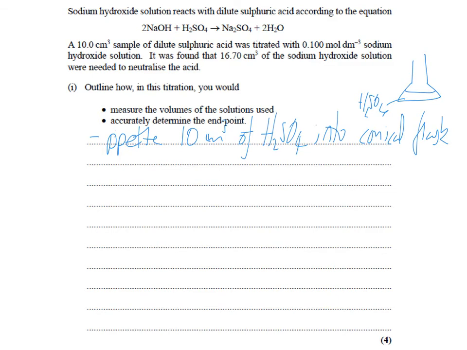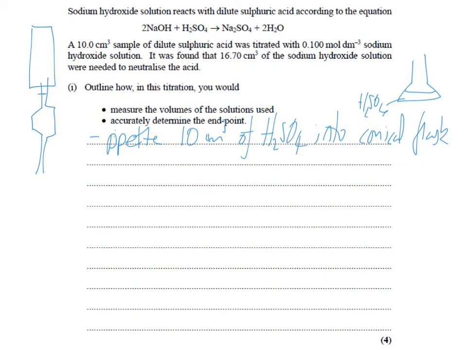Now you're titrating it against sodium hydroxide, and it says that eventually you need 16.7 centimetre cubed of sodium hydroxide. Now you might be thinking, how do I know which I'm going to pipette? Now the pipette is that piece of apparatus which looks a little bit like that, and has a sort of pipette filler on the top there. Now you get all different types of pipette filler, so I'm not going to describe it, but the pipette can only measure one particular volume of liquid.